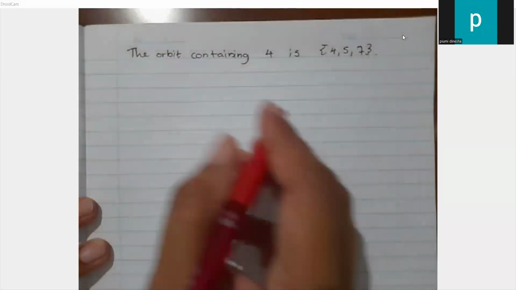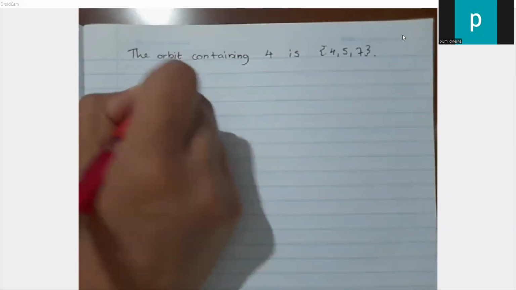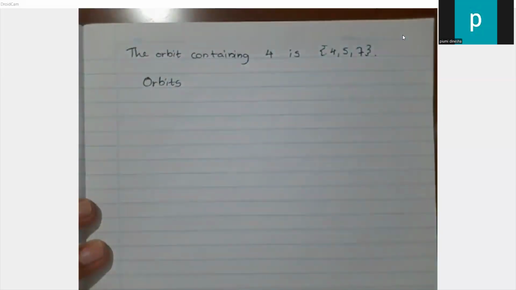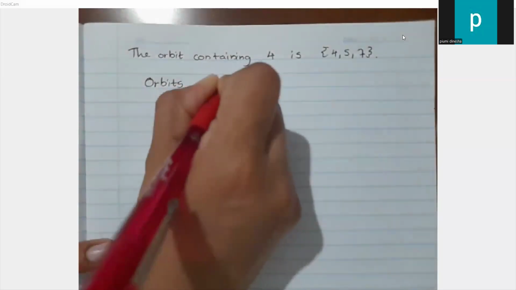Now you see we have 3 distinct disjoint sets where the union gives you the set A, right? So these are the orbits of sigma. And if you take any element, even 3 from here, and try to find its orbit, you will end up getting these values.